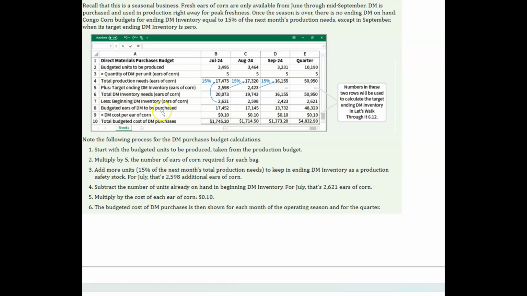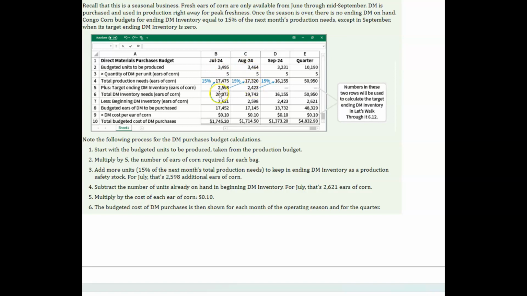These are the number of ears to be purchased. The beginning is going to be 15% of the current month. Remember, for August, we can use July's ending inventory, and for September, we can use August's ending inventory.